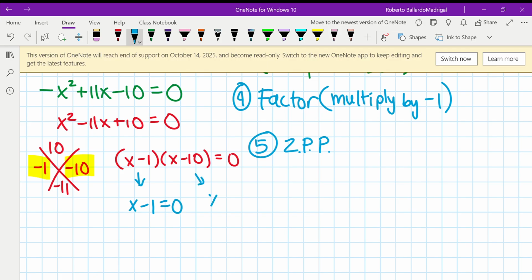Then take x minus 10 and set that equal to 0. And the goal is to solve for x for each one. So what is this first x going to equal? This first x is positive 1, so x equals 1. And then this second x will equal what? Positive 10.